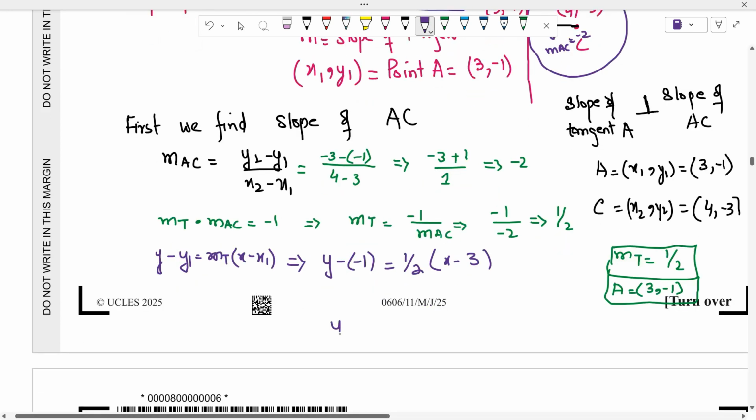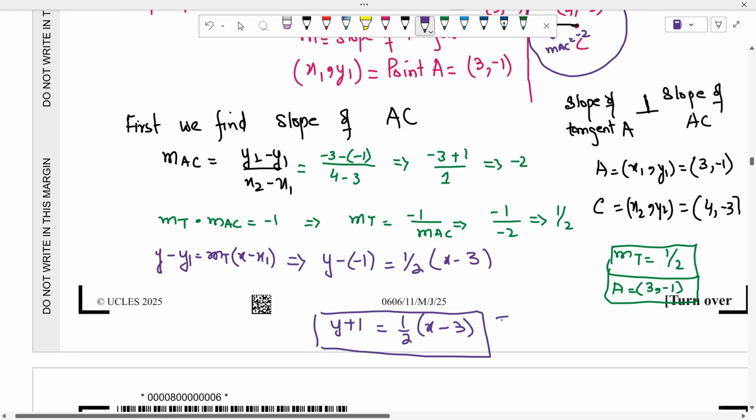So we have y plus 1 equals 1 over 2 times (x minus 3). So this is the equation of the tangent at point A.